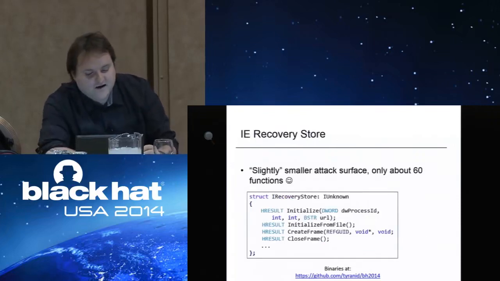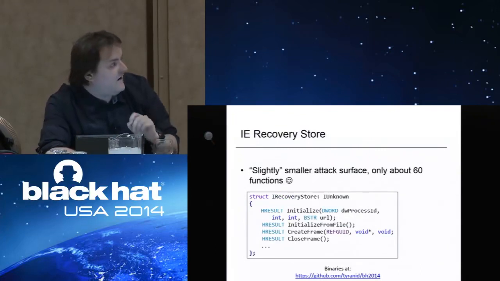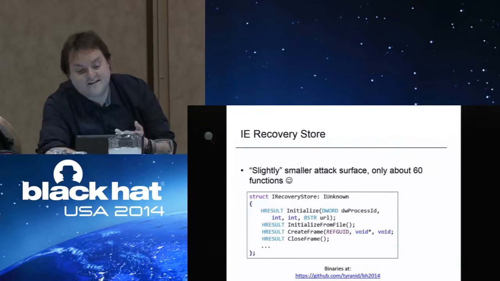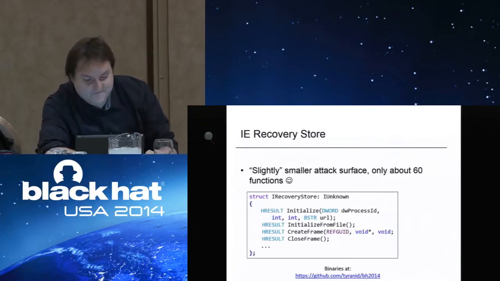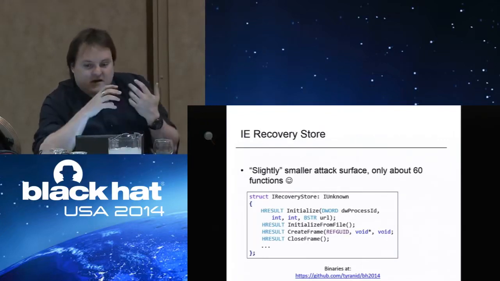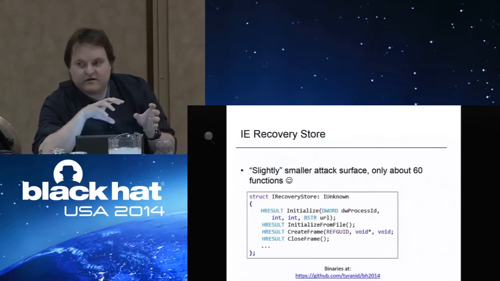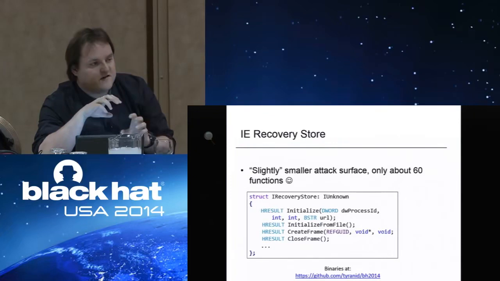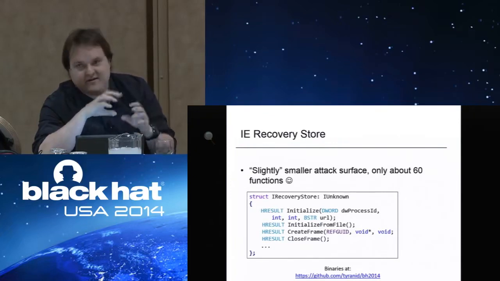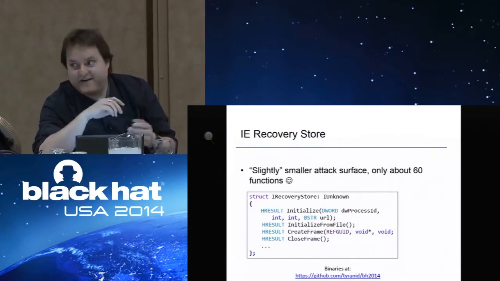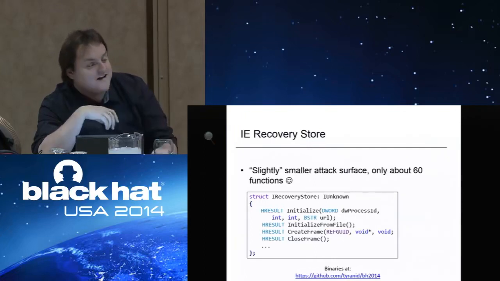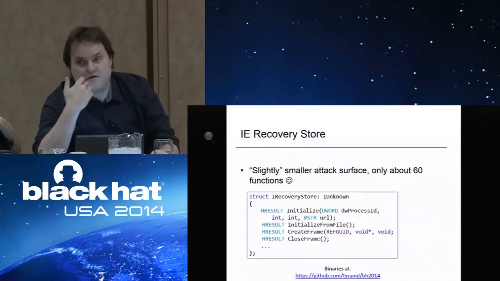But I thought I'd go for something else because it was a slightly smaller attack surface. Instead of 145, I only had 60 to worry about. That's certainly fewer functions, at least. And this was the IE recovery store. What happens in modern versions of IE is it stores your browsing history so that if your browser crashes, God forbid, like your remote code execution failed, you can come back to that same page and it will know where you were and what your history was.